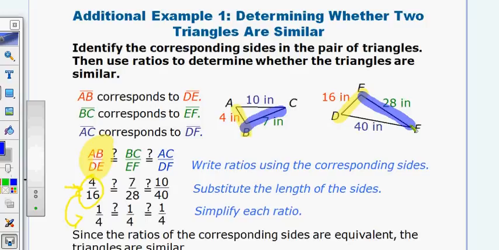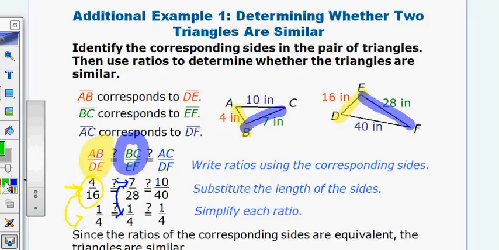Well, the corresponding parts are actually BC and EF. So since those are corresponding pieces, we're going to look next. 7 will go on top because that's the BC, and then next we'll have the 28, and 7 over 28 becomes 1/4.